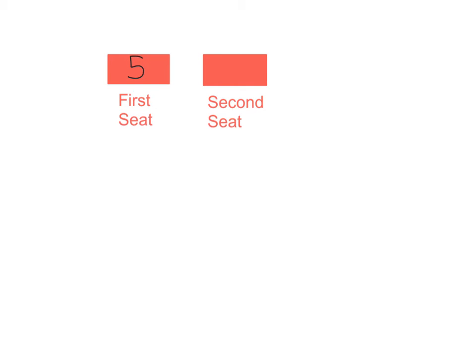For the second seat, if we have one person sitting in the first seat, then that leaves only 4 friends for the second seat. So our total possible combinations for the first 2 seats will be 5 times 4, which is 20.